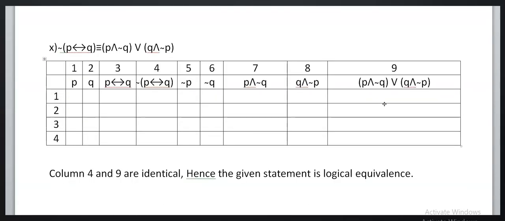Now example number 10. That is, the negation of P double implication Q is equivalent to P and negation of Q, or Q and negation of P. I will write out the first.